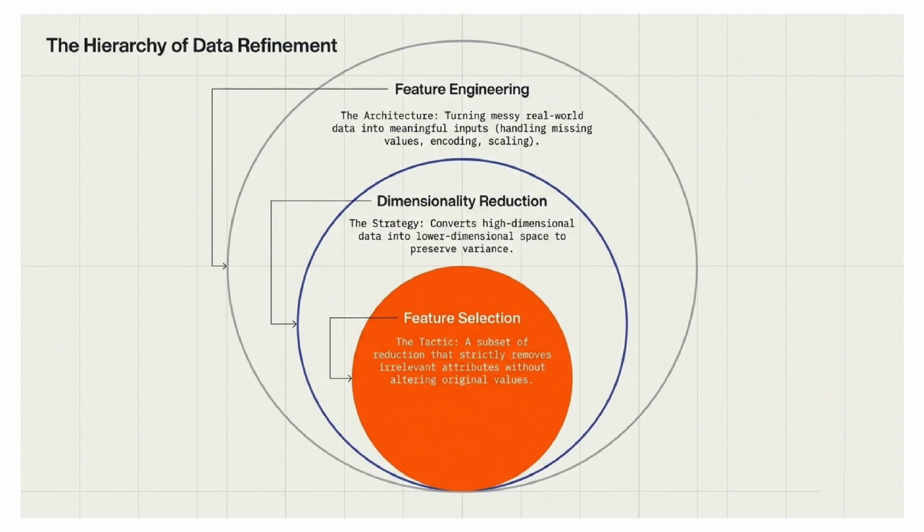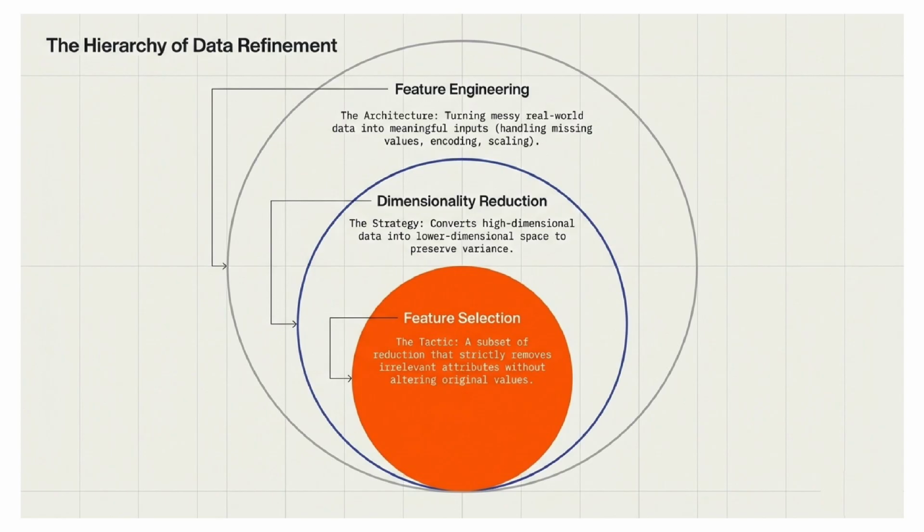This is a strategic step used when data sets contain a very large number of features. Dimensionality reduction technique converts high dimensional data into a lower dimensional space while preserving as much information or variance as possible. At the core, we have feature selection. This is a more targeted tactic.